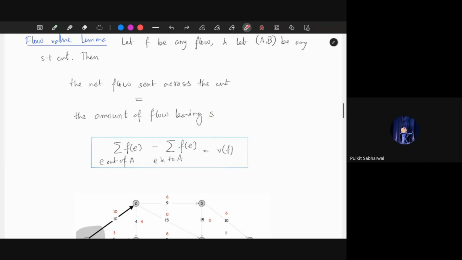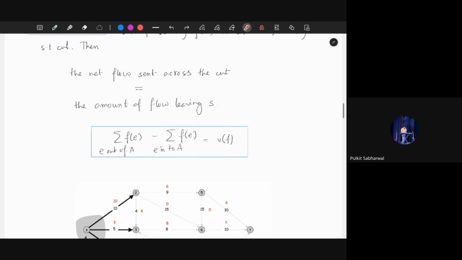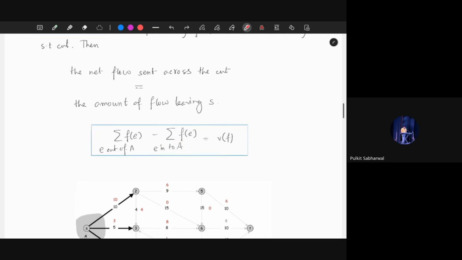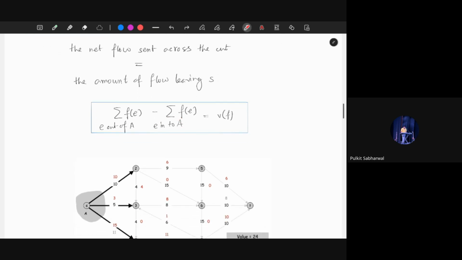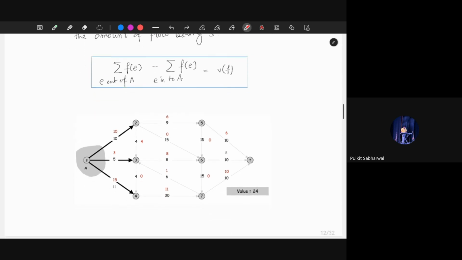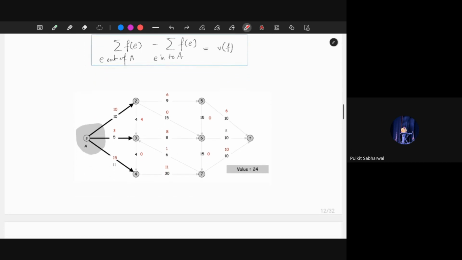So this is basically the value of f defined earlier, and this is the net flow across the cut. I sum along the edges going out of A, minus the edges coming into A.